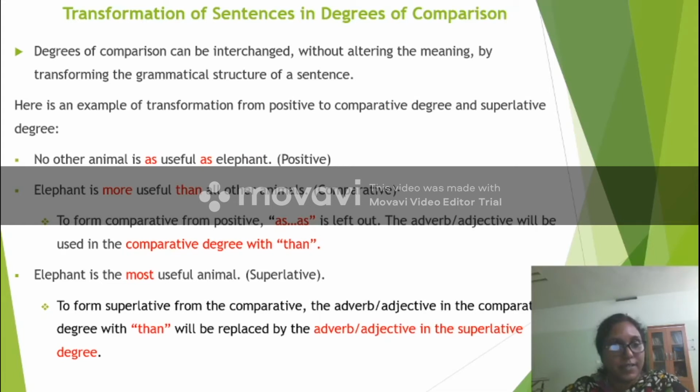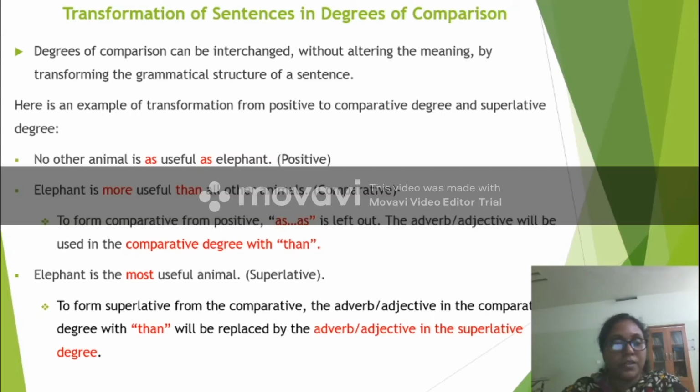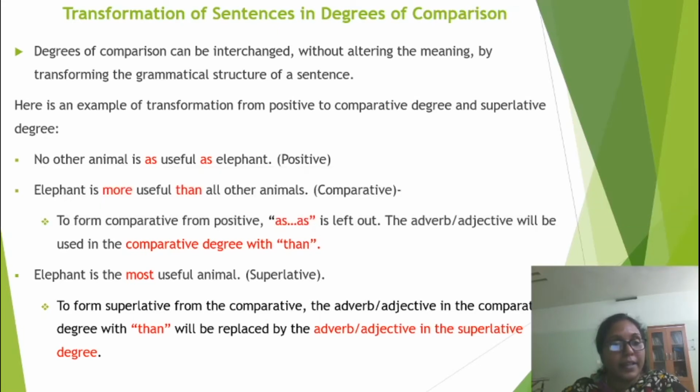Now we will see the same sentence converted to comparative degree without changing the meaning. Elephant is more useful than all other animals. So to form comparative from positive, the usage as is left out and we use the comparative degree of the adverb or adjective and also we add than to form the comparative degree.